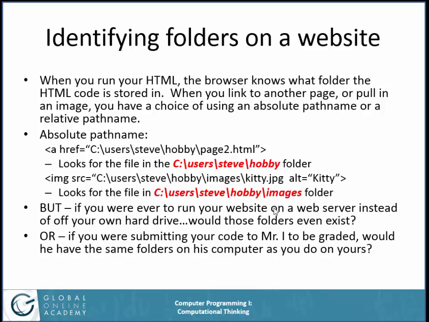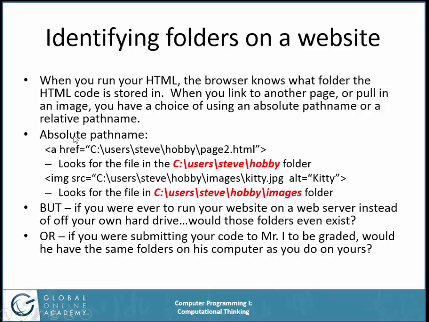When you link to another page, or if you pull in an image with the source equals on the image tag, you have a choice of using an absolute path name. The absolute path name would be find it at this exact location on this computer. Or you can do it with a relative path name. Relative path name means relative to my home directory where you're running the HTML that you're looking at right now.